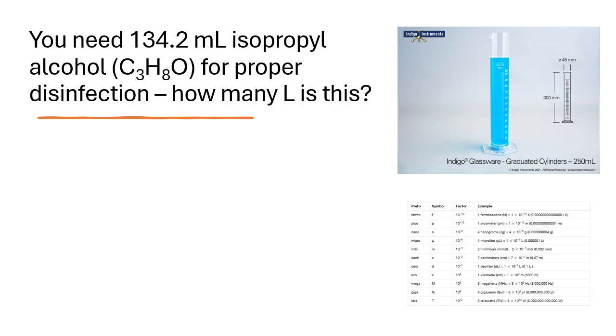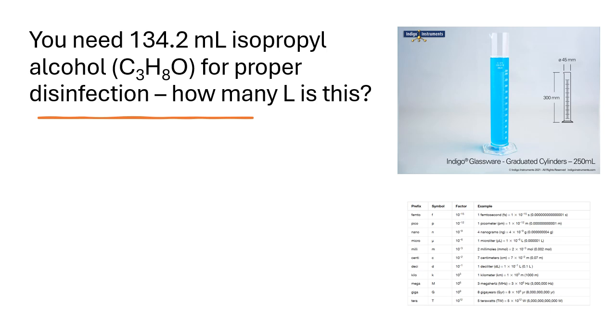Here on this slide, we have our first example of an SI unit conversion using dimensional analysis. The question reads, you need 134.2 milliliters of isopropyl alcohol that has the chemical formula C3H8O for proper disinfection. How many liters is this measurement?